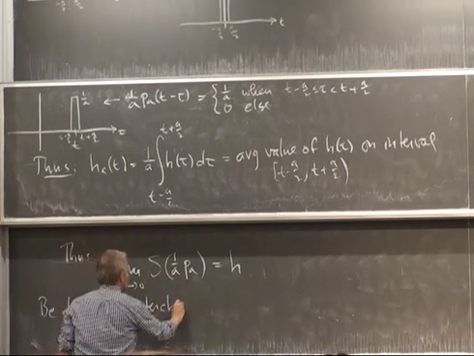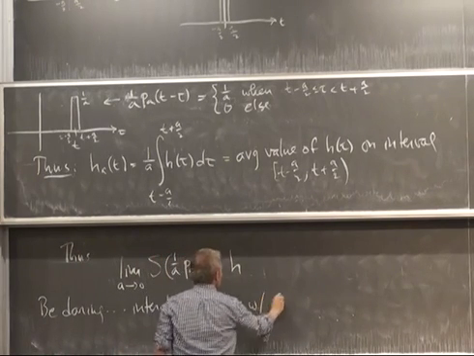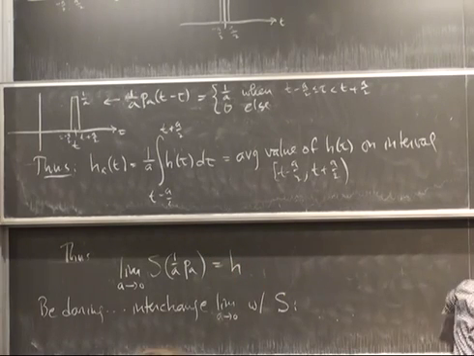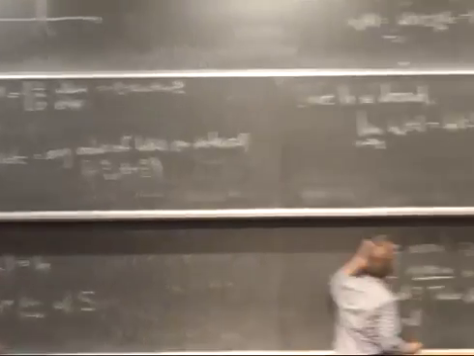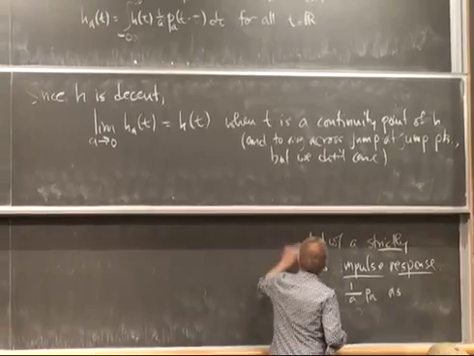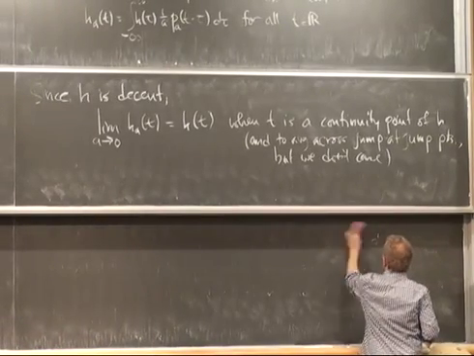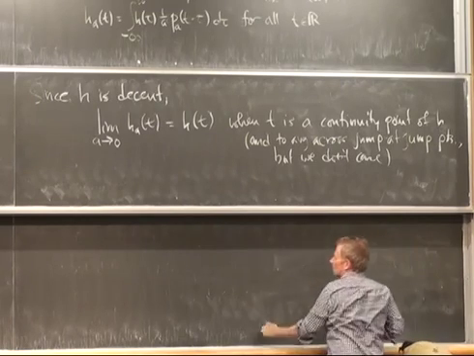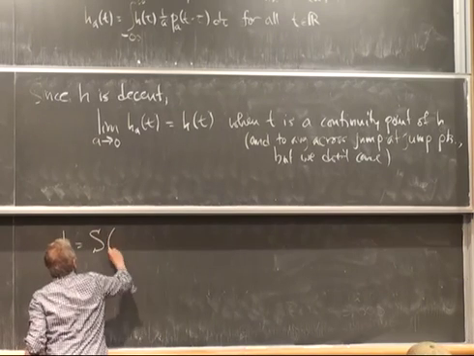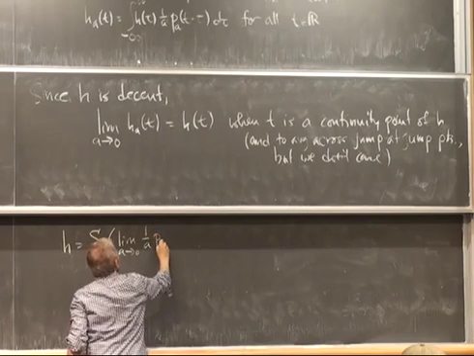Interchange the limit as a goes to 0 with S. And what you get is h equals S of the limit as a goes to 0 of 1 over a times p_a.